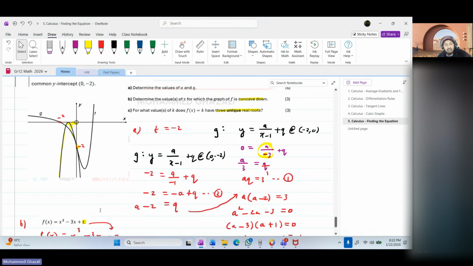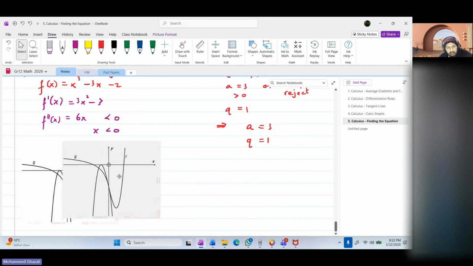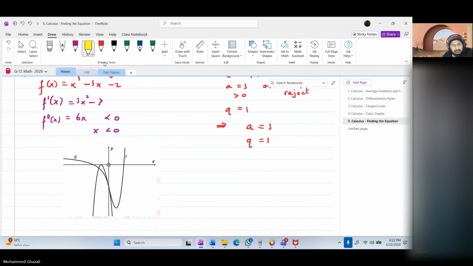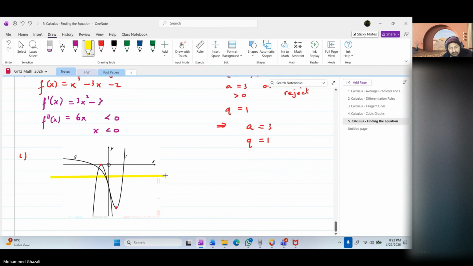How are we going to get 3 unique real roots? So first of all, for part C, I need the turning points here, okay? What's the turning point here and what's the turning point here? And then use a horizontal cut to check.